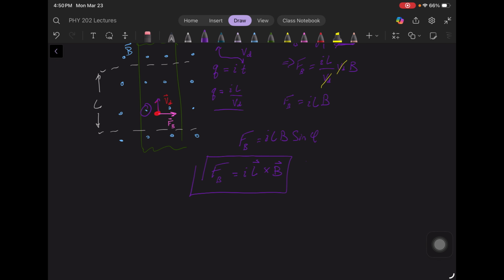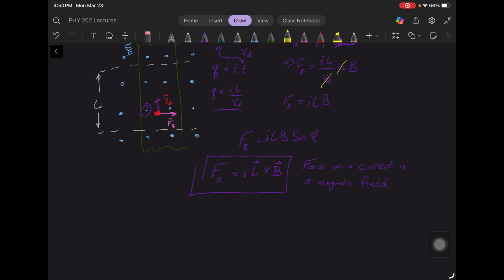And this will be the force on a current, we can say current carrying wire, or we can just say on a current, in a magnetic field.